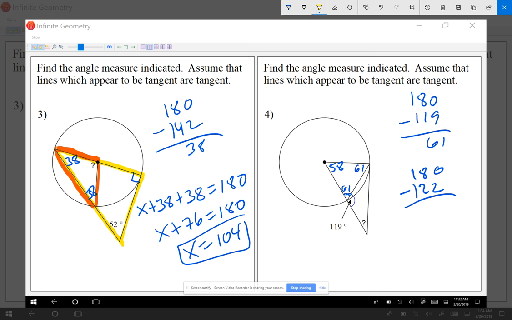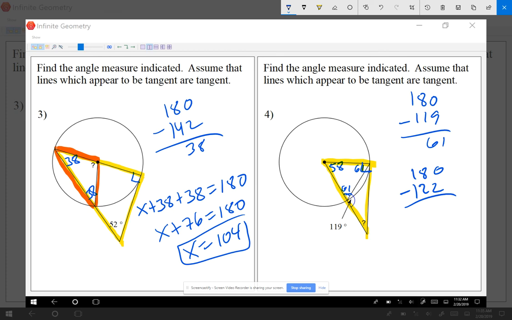Then I'm going to look at a triangle. I know where the 61 is. The whole thing right there is 90. So I'm looking at the big triangle, the yellow triangle. One of my angles is 58. The other angle is 90. The other angle is x.